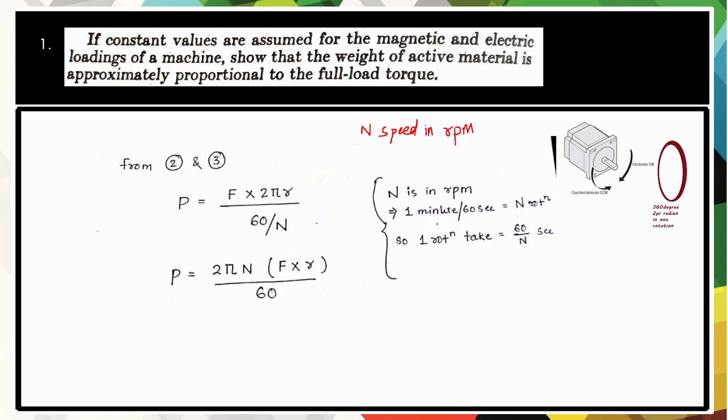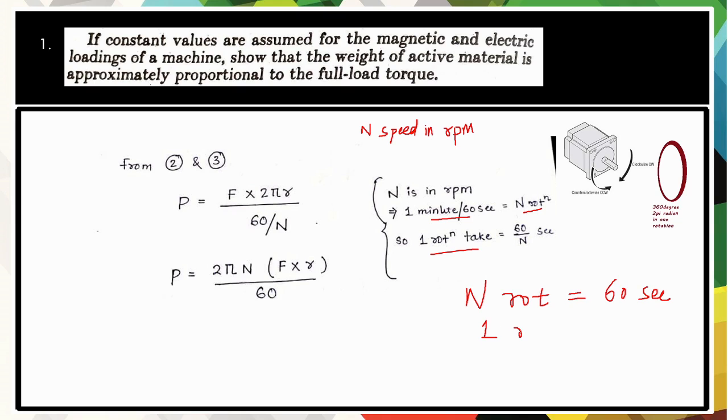That is N. So if it's doing N rotations in 1 minute, one rotation will take 60 by N seconds.